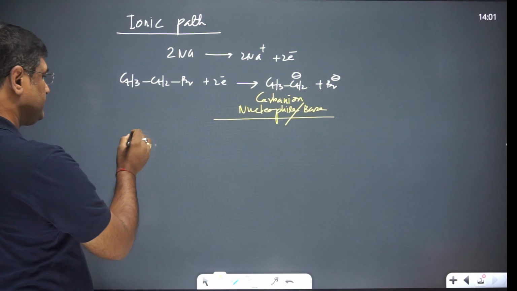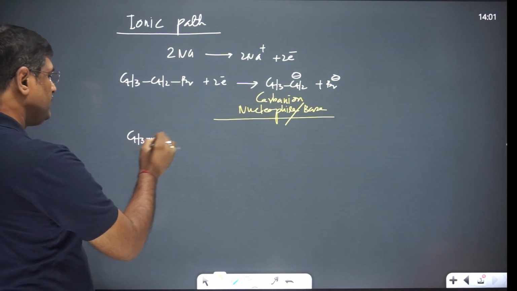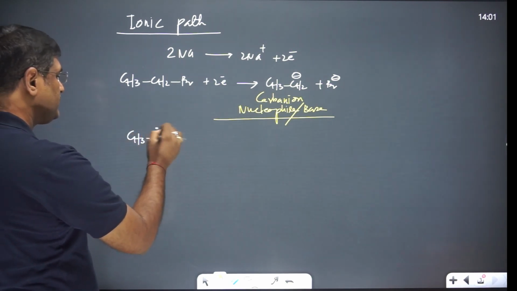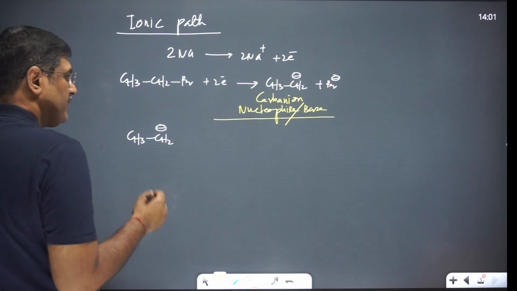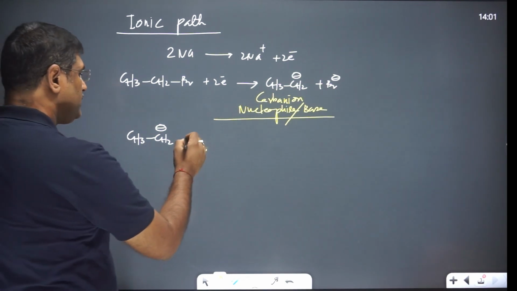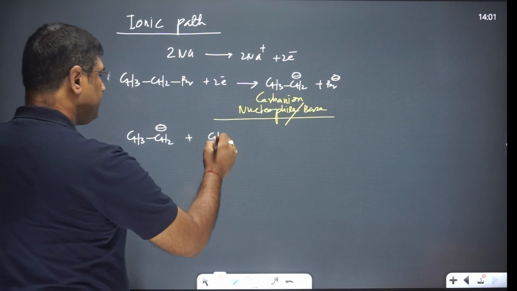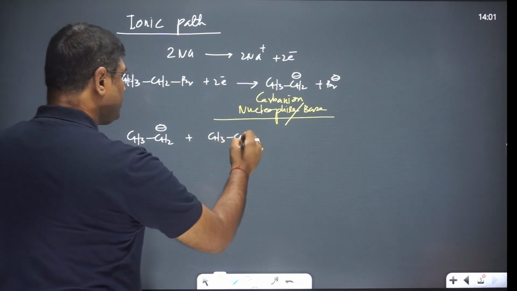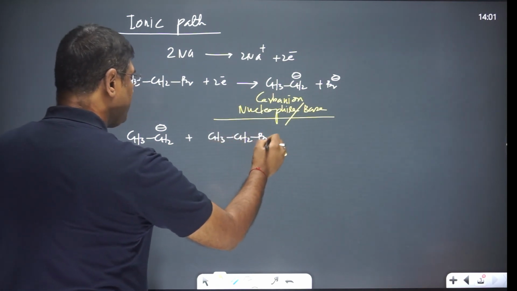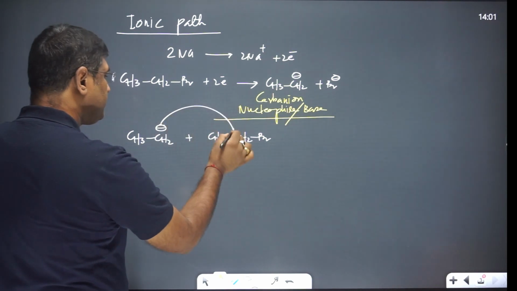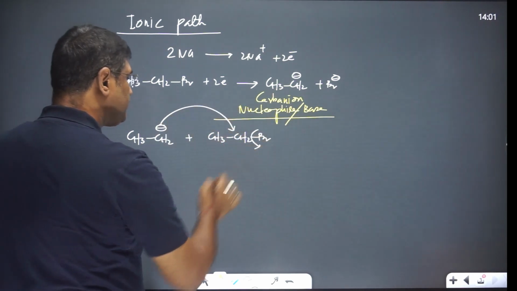Now this CH3CH2 minus, a primary carbanion, is a better nucleophile and will attack the alpha place from the back side and push the bromide out.